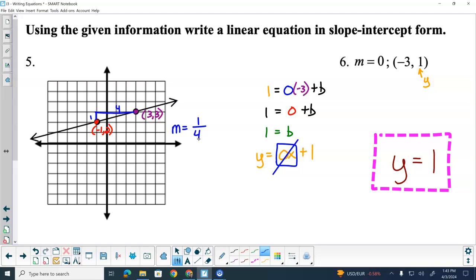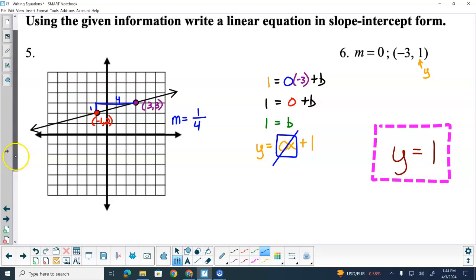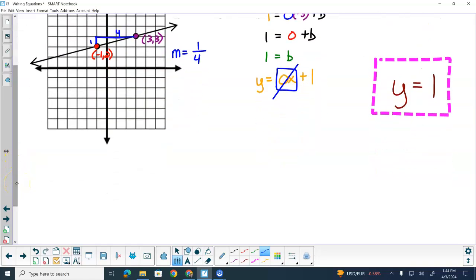So now on this one, we've got either point that we can choose. Red or purple? Purple? Okay, we'll use the purple one. So we do the same thing. Y equals mx plus b. Y part is 3.